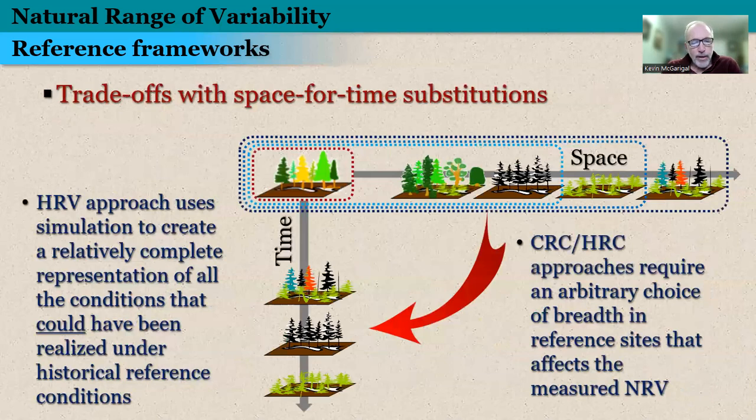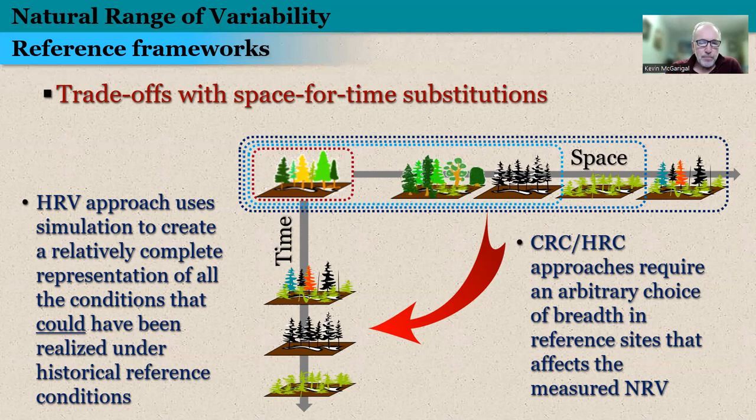It's important that we recognize that there are important trade-offs with the space for time substitutions. The HRV approach, the historical range of variability approach, which focuses on temporal variability, range of variation across time for a given site, uses simulation modeling to create a relatively complete representation of all the conditions that could have been realized under historical reference conditions.